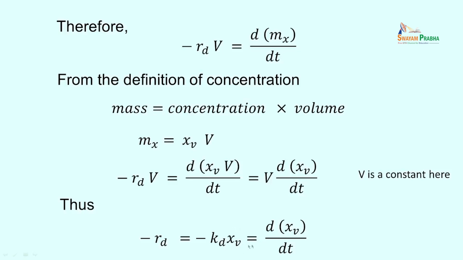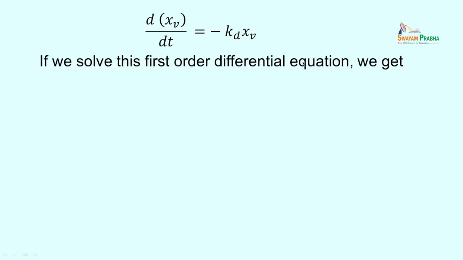That equals dX_v/dt, since we have cancelled the volumes here. This is the final expression: d/dt of X_v equals minus k_d times X_v. This is the first order differential equation, which you are all familiar with.